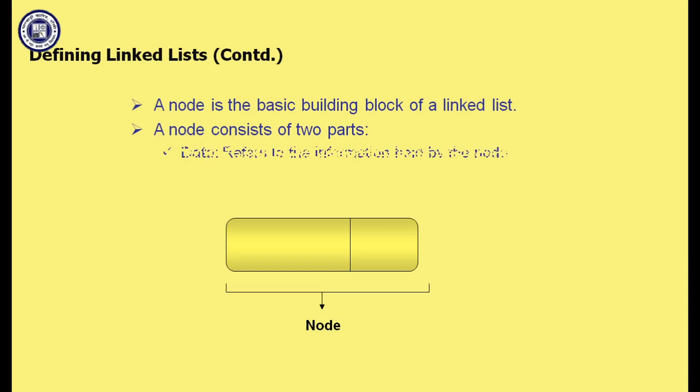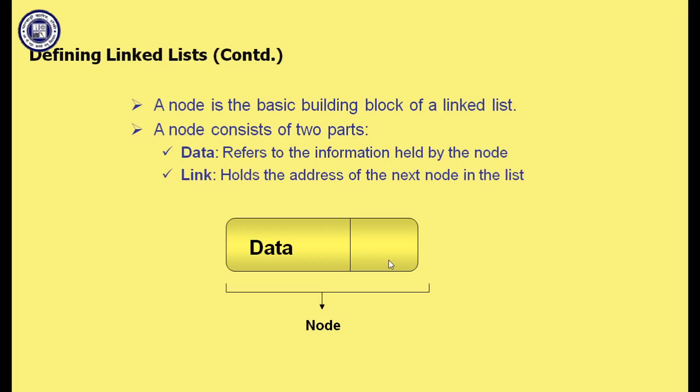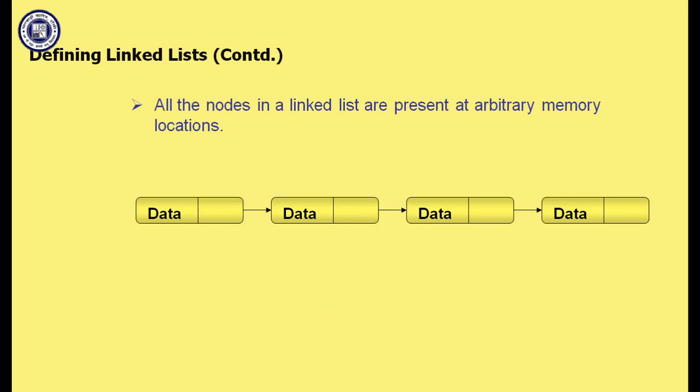The first one stores the information, the data, and the second one stores the link, or the address, of its subsequent element. Here, all the nodes in a linked list are present at arbitrary memory locations, meaning we do not have any sequence or chronology for storing these elements.